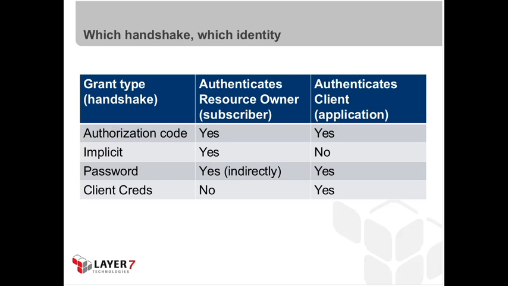So for example, you might have an API that is accessed by both external requesters using the authorization code grant type and internally by an enterprise integration application, which would act not on behalf of a subscriber, but from the perspective of the API provider. So for those types of requesters, you could rely, for example, on the client credentials grant type. So it's also important to be able to authenticate OAuth clients, not just the subscriber.